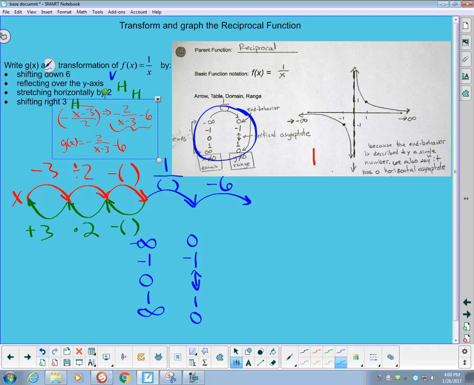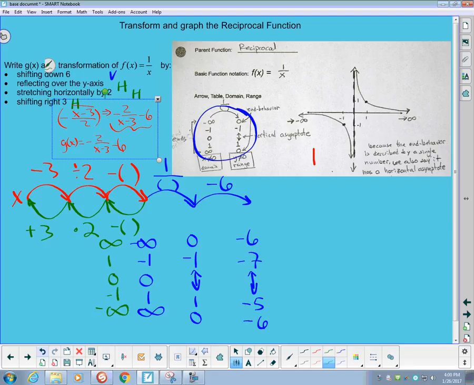end behavior of 0. And we follow the arrows, subtract 6. Negative 1 minus 6 is negative 7. A vertical line moved up or down 6 places is still a vertical line. 1 minus 6 is negative 5, and 0 minus 6 is negative 6. On this side, we do a sign change, so that will become infinity, 1, 0, negative 1, and negative infinity.